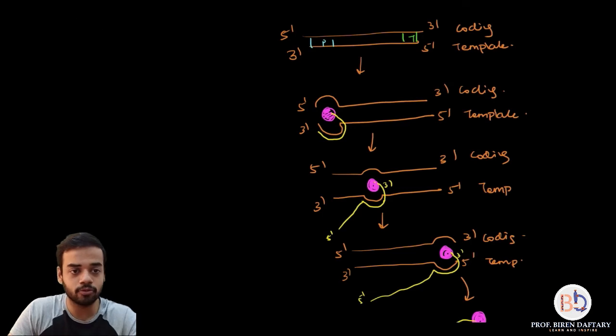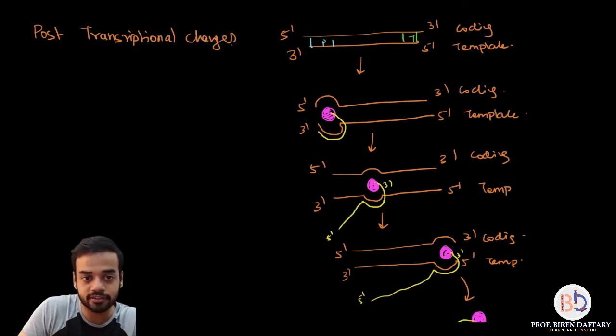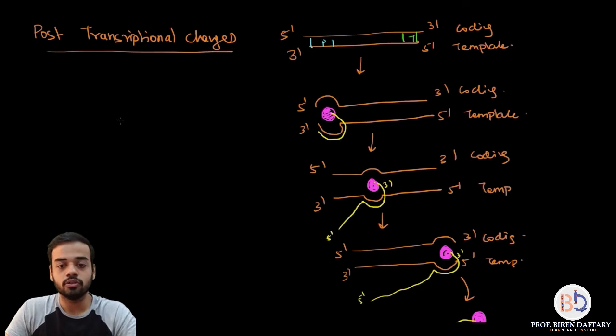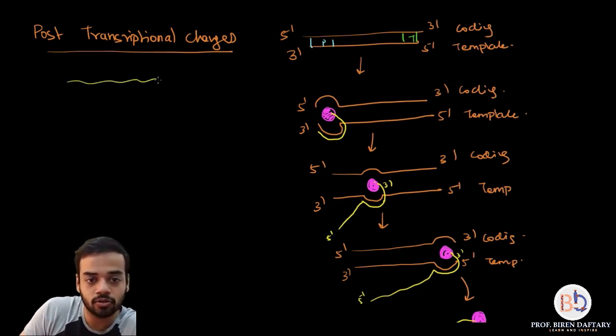Okay, and I am going to show you post transcriptional analysis or post transcriptional changes. So what happens after transcription? So now you have your crude mRNA or your heterogeneous mRNA or your primary transcript ready.